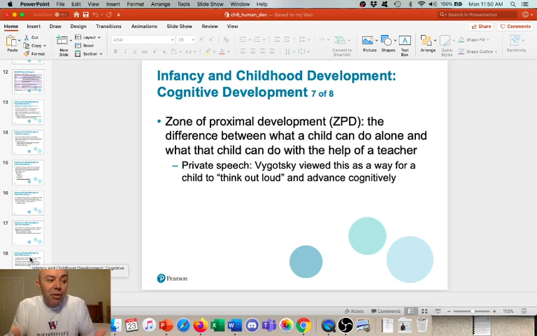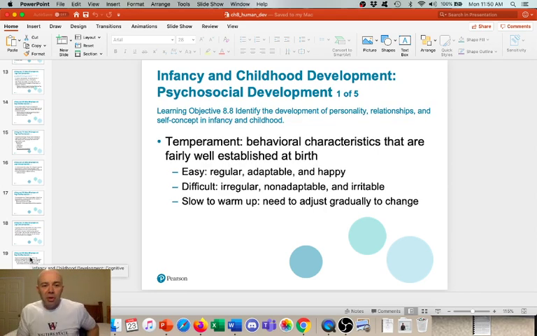And they scaffold you a little bit, right? You're kind of at that hump where you can't figure out the problem. They scaffold you a little bit in your cognitive development, enough for you to go, that's it, FOIL method, first, inner, outer, last. And you use the acronym and you solve the problem on your own. They don't give the answer. They just scaffold you through that zone of proximal development. Again, it's not just biology, but it's actually people, social cultural tools helping you develop.